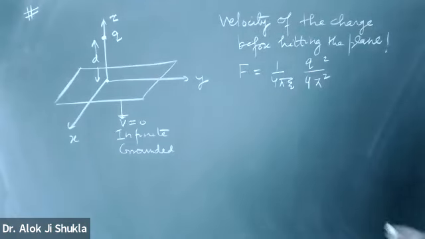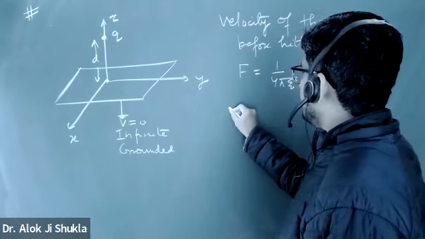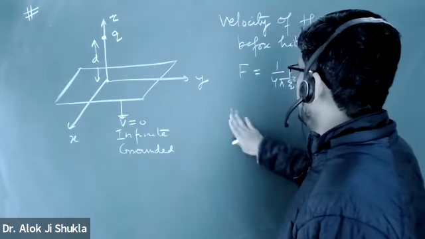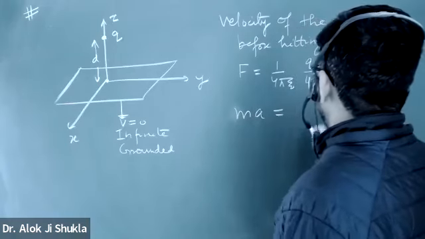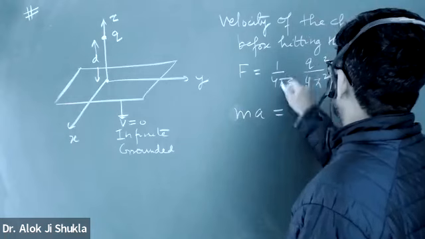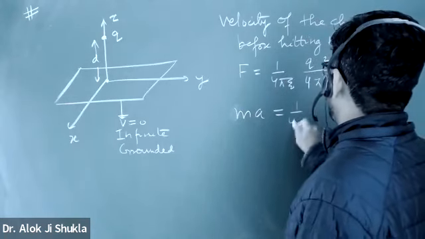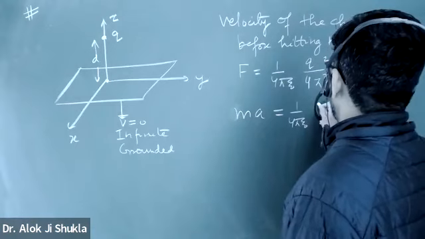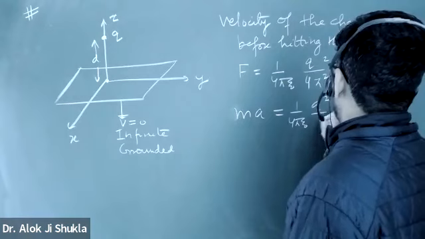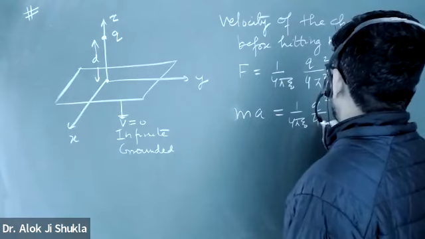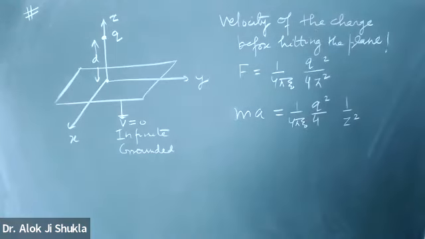So what is force? Force is equal to ma. Force is ma, yes or no? So ma is equal to, this all is, let me say, 1 upon 4 pi epsilon naught q square by 4 into 1 by z square. This is the force.